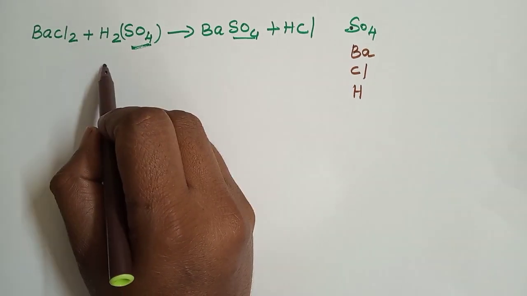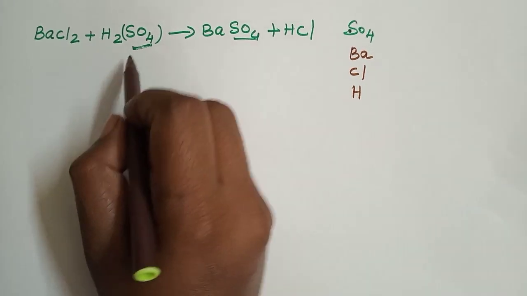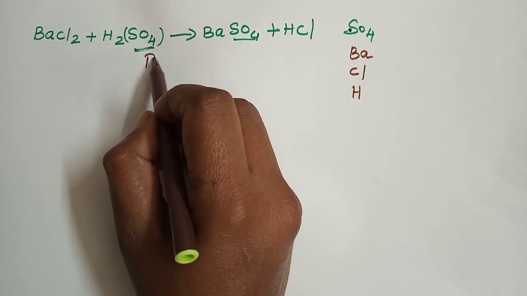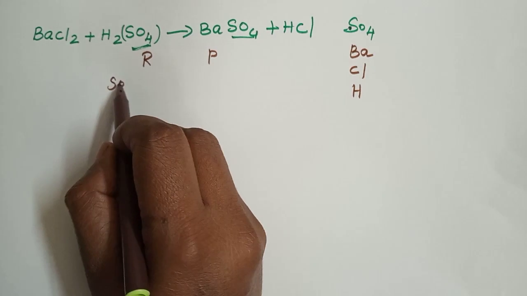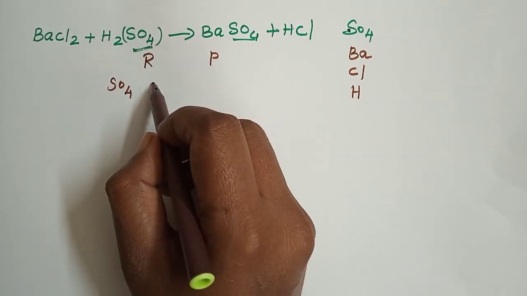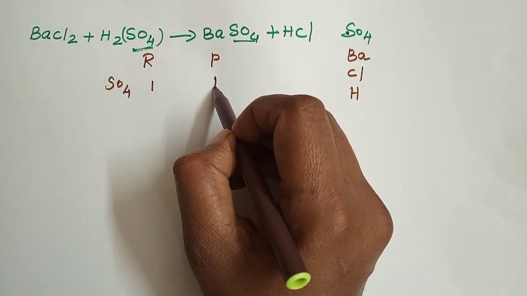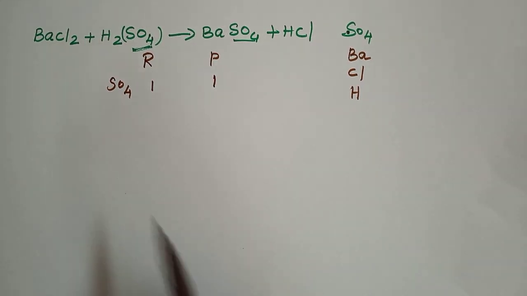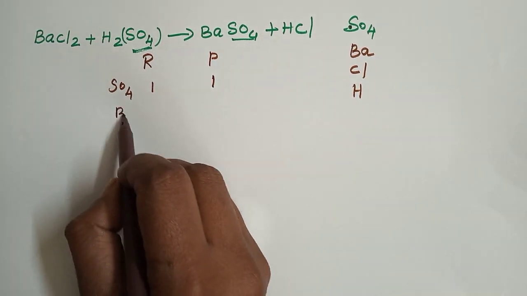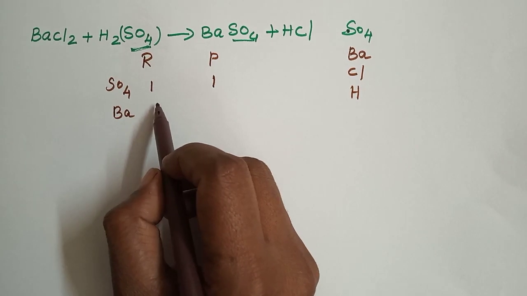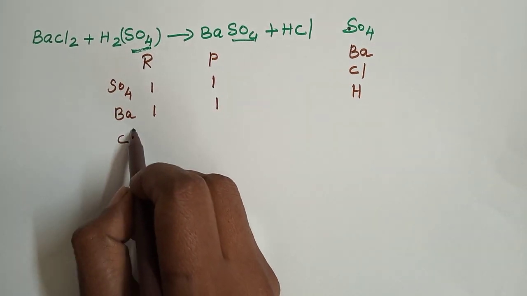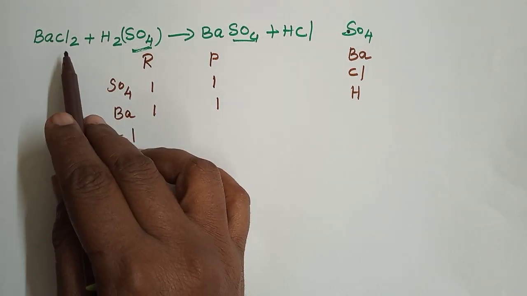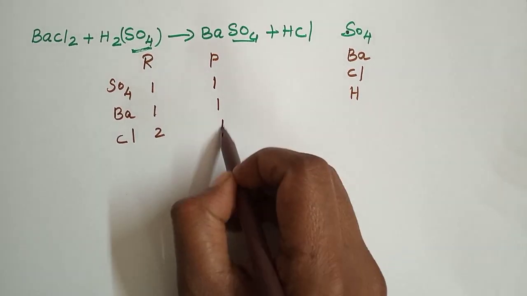Now we start balancing: reactant side, product side. On the reactant side, SO4, how many? Only one. This side, only one. And barium? This side one, this side one. So no need to balance. Next, chlorine. How many here? Two. Here one. So we have to balance.